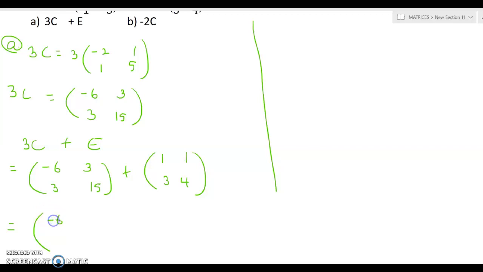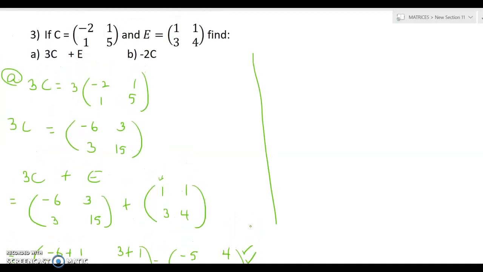So minus 6 plus the first number here, the 1. Then 3 plus 1. Now the bottom: 3 plus 3, and then 15 plus 4. And our final answer, minus 6 plus 1 we get minus 5, 4, 6, and 19. So this here is our final answer.